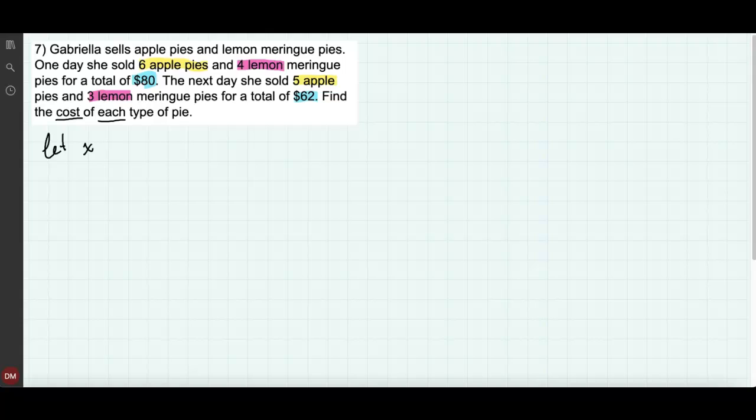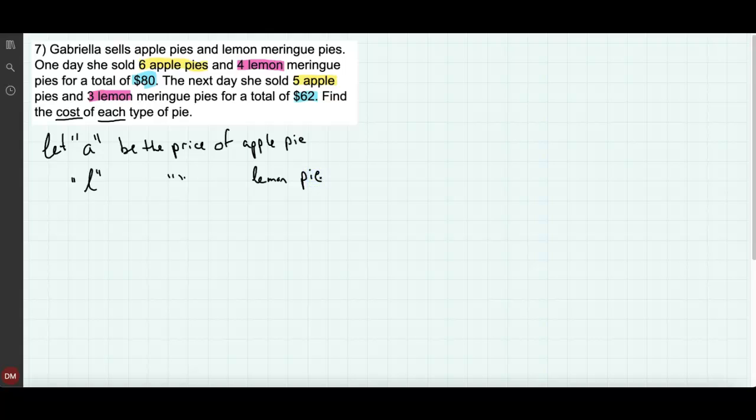I think A would be good for the apples. So let A be the price of apple pie, per pie. And for a lemon pie, let L be the price of the lemon pie.